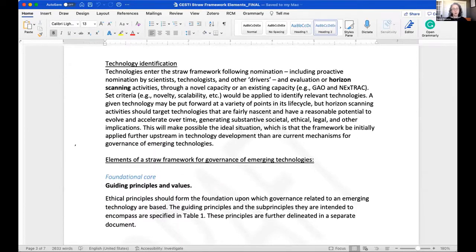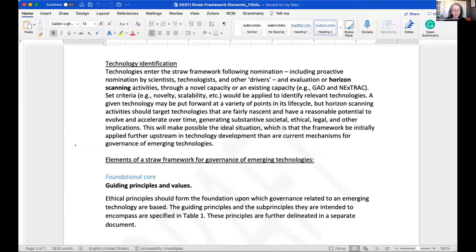First part of the process, of course, is identifying the technology that you're going to consider through this set of elements. And technologies, we imagine, can enter a framework through a variety of pathways, including nomination from scientists or technologists or members of the public.